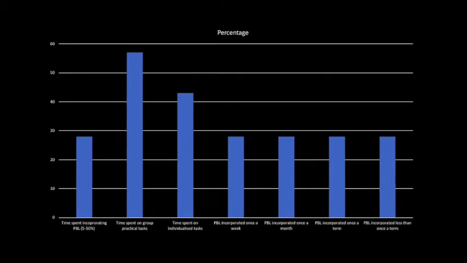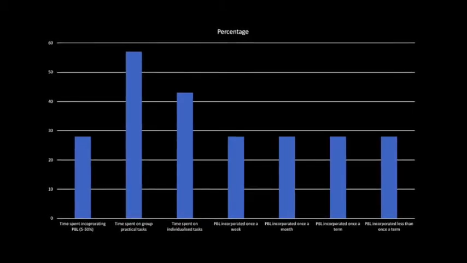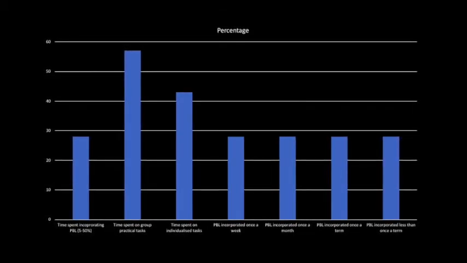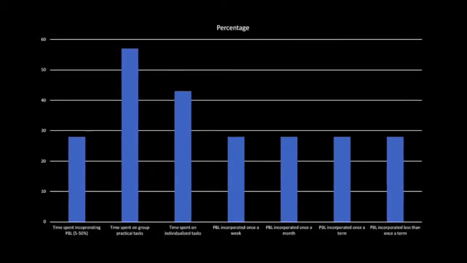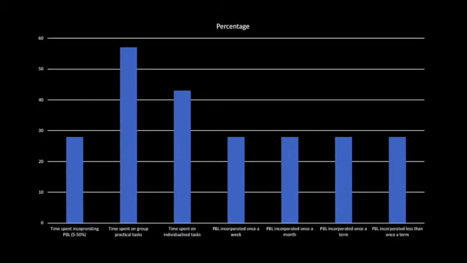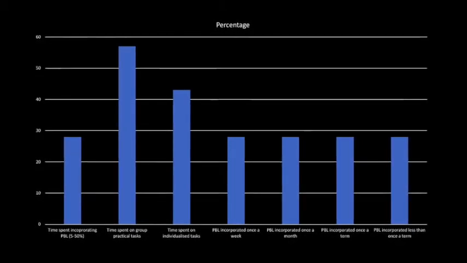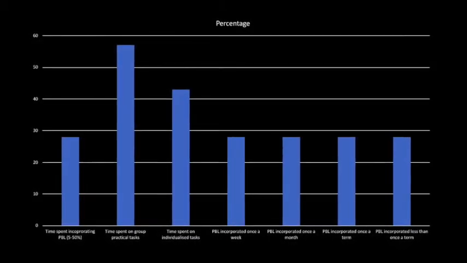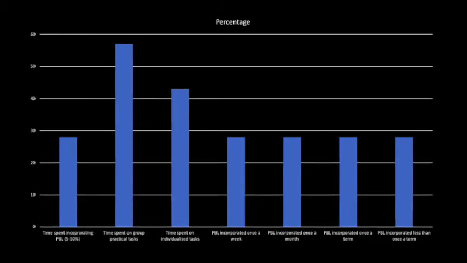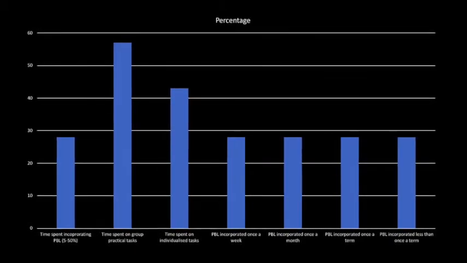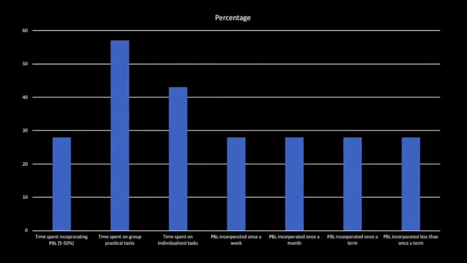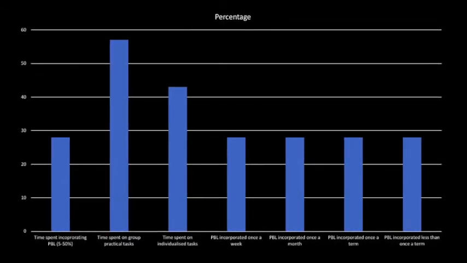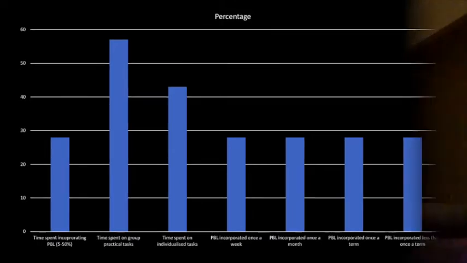The results presented that 28% of teachers use 5 to 50% of their lesson on PBL. 57% of teachers use 5 to 10% on group practical tasks, and 43% of teachers use 10% of their lesson on individualized tasks. Overall, the use of PBL in lesson delivery showed an equal 28% of teachers implementing PBL either once a week, once a month, once a term, or less than that.